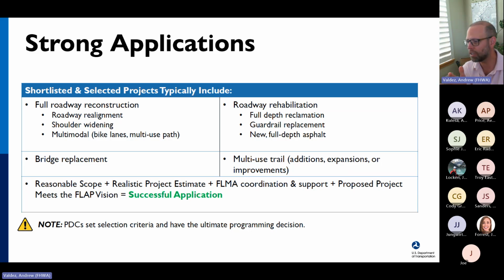Obviously, some of this is a judgment call. That falls on the PDC and their deliberations. But if we see a reasonable scope, realistic project estimate, good FLMA coordination, and the project does meet the FLAP vision, that's going to be a strong project.